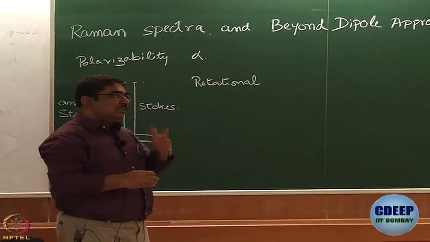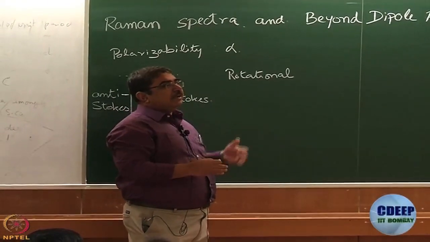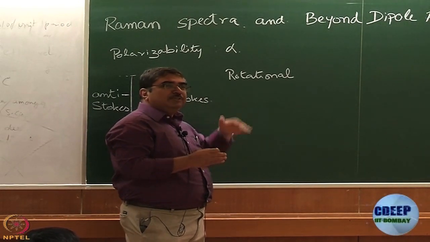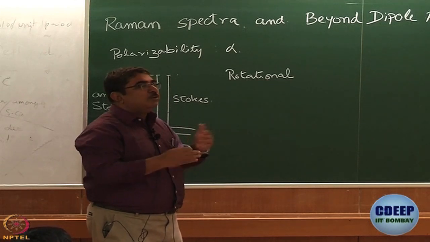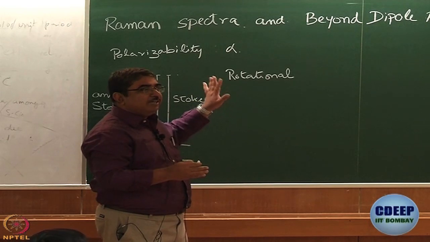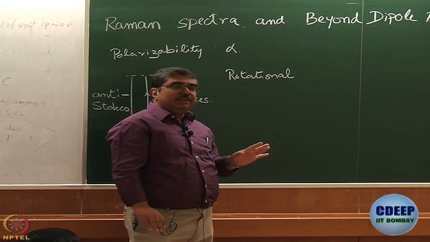If you study a course in advanced spectroscopy, in case it is offered next year, then perhaps you are going to study the derivation of this selection rule. To do this, you need to know matrix mechanics, and you need to learn a few more tools of quantum mechanics. Without that, there is no point in trying to derive it. If you read Banwell's book, there is some hand waving argument.